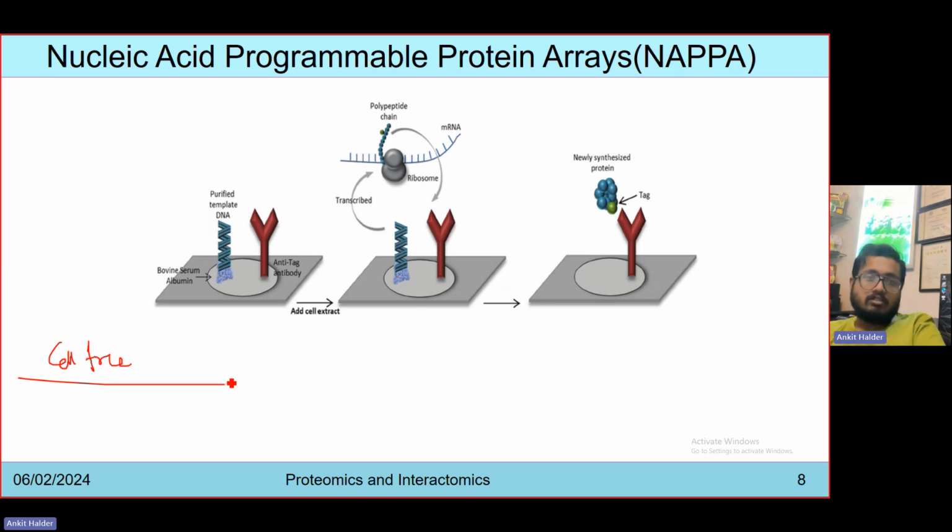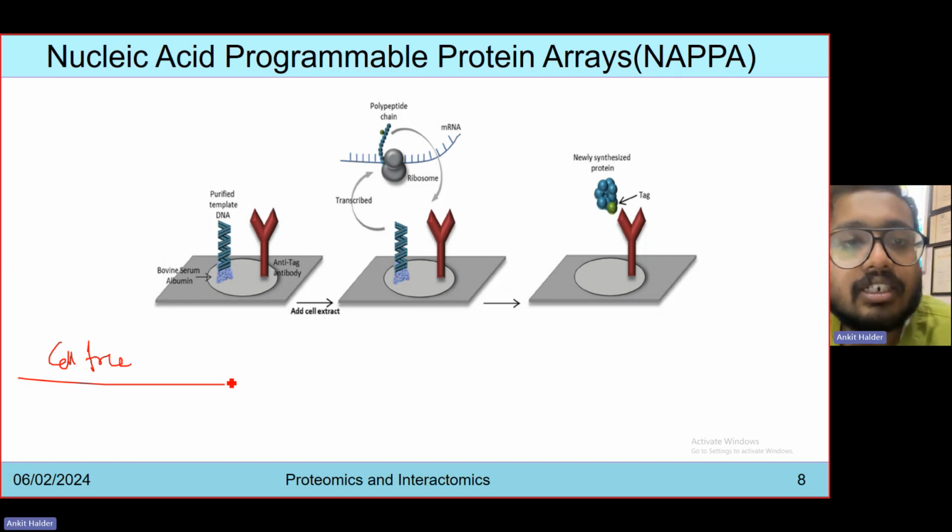As I have already mentioned, the basic assumption is that one particular cDNA molecule codes for a particular gene, and one particular gene sequence or cDNA sequence is coding for one particular protein.